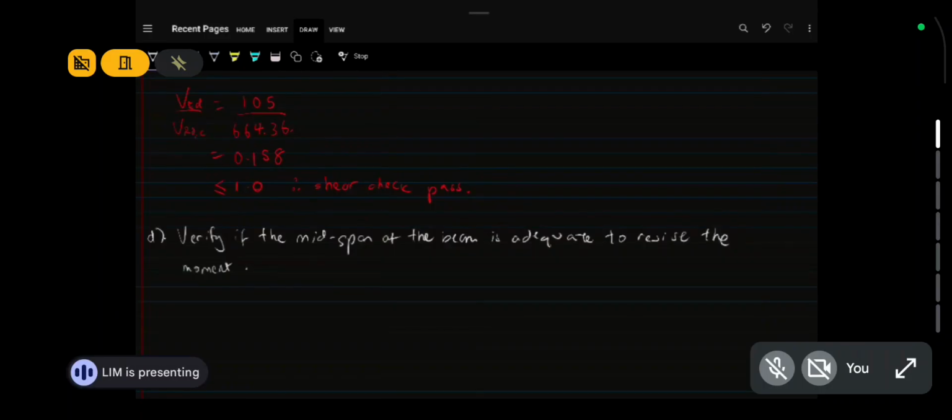You go back to your beam design PowerPoint, the PDF file I've shared with you. Page 8, fully restrained beams, moment resistance. There are 3 formulas there.